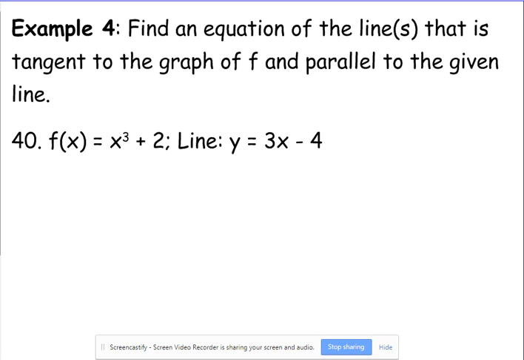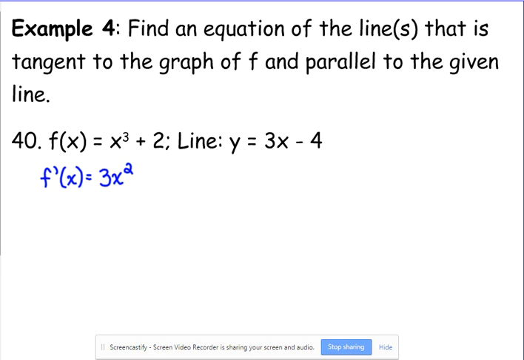How about we start with the derivative, because that's where we always start. F prime of x is equal to 3x squared. But we don't have an x value to plug in. They tell us that it's parallel to this given line.